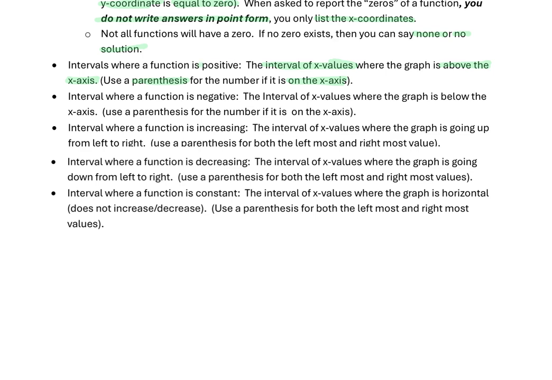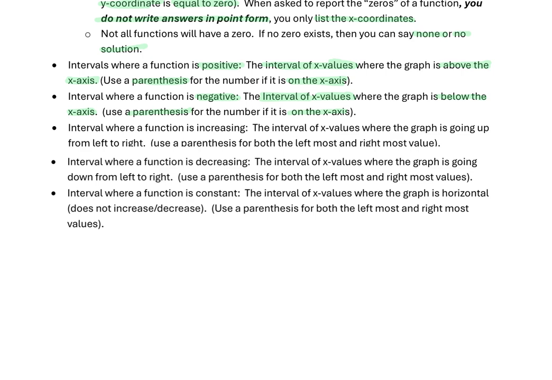When we talk about where a function is negative, we want the interval of x values, again, where the graph is below the x-axis. Again, remember to use a parenthesis if the number is on the x-axis.